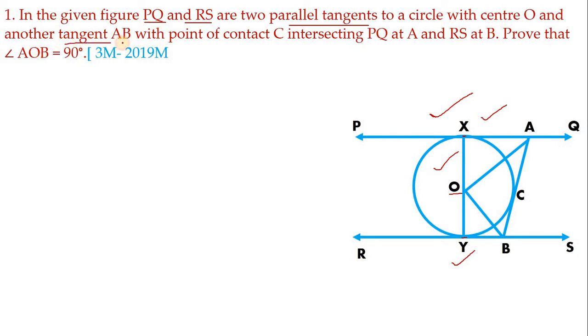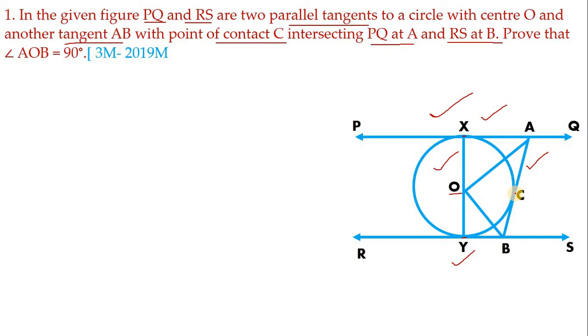And another tangent AB with point of contact C intersecting PQ at A and RS at B. Other than these two parallel tangents, we have another tangent, that is AB.